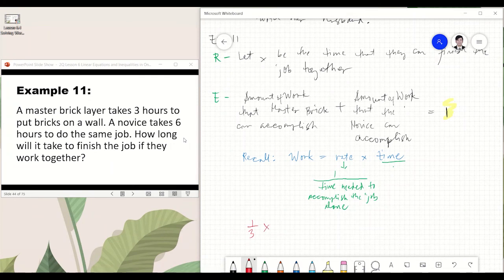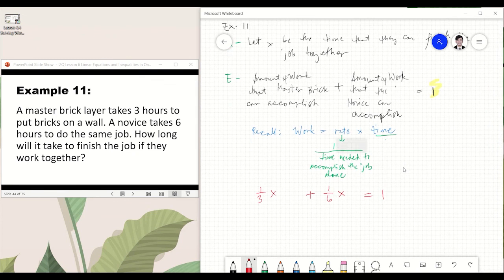So, okay na walang parenthesis. So, 1/3 x. 1/3 times x. Plus, okay, amount of work that the novice can accomplish. So, rate ng ating novice, kung siya lang mag-isa, that's 6. So, 1/6. And then, yung time naman, since magtutulungan sila, so x din ito. Then, always remember, yung right side natin, always 1. So, ito na yung formula. 1/3 x plus 1/6 x is equal to 1.